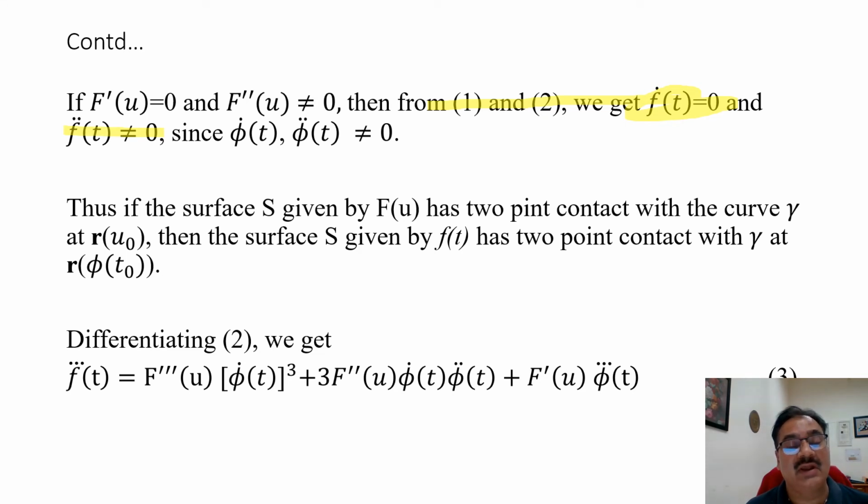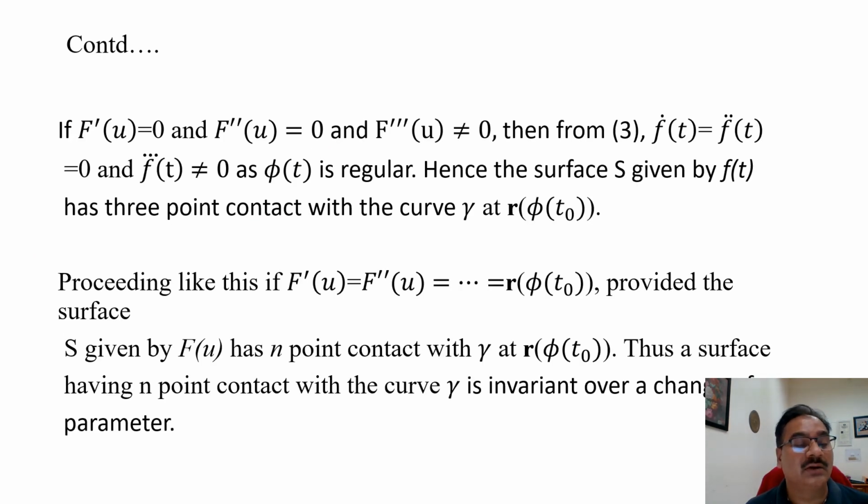Since phi'(t) and phi''(t) are non-zero, we can say that if the surface S given by f(u) has 2-point contact with the curve gamma at R at u naught, then the surface S given by F(t) has 2-point contact with gamma at R(phi(t naught)). Then again on differentiation, you will get expression 3, and proceeding like this, you will get f'(u) = f''(u) = ... and so on, provided the surface given by f(u) has n-point contact.